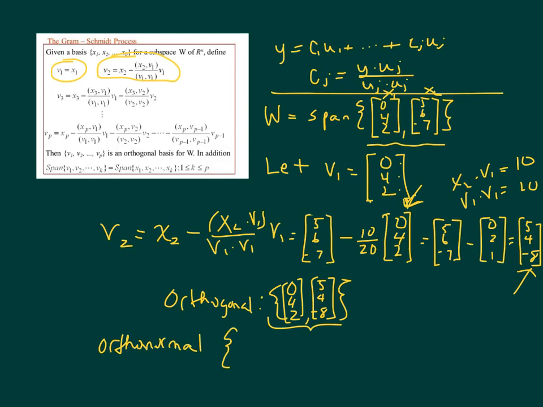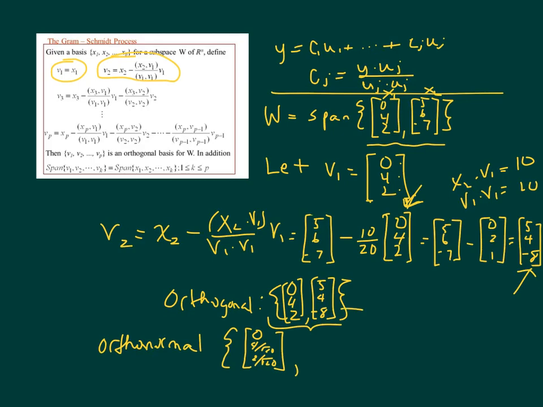So we would get 0, and then 4 over the square root of 20 and 2 over the square root of 20. And if you take the length of that, you'll see that it has length 1. 0 squared plus 4 over root 20 squared is 16/20ths, plus 2 over root 20 squared is 4/20ths. So 16/20ths plus 4/20ths is 1.